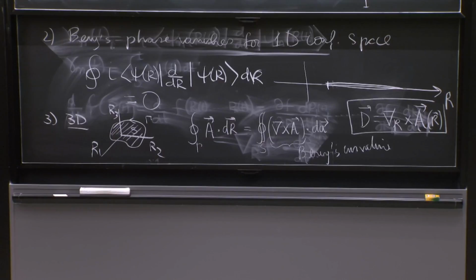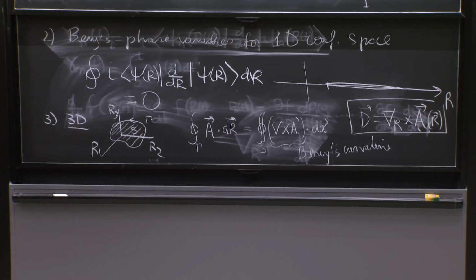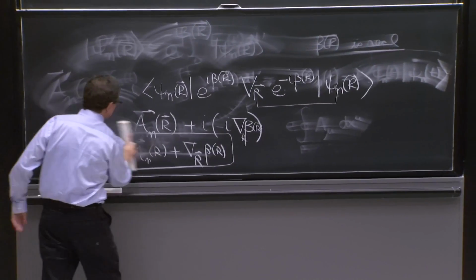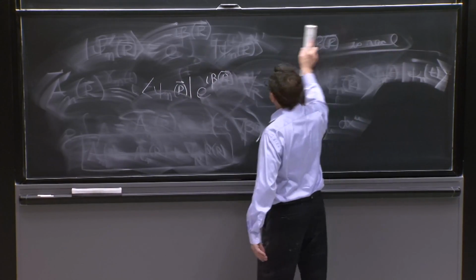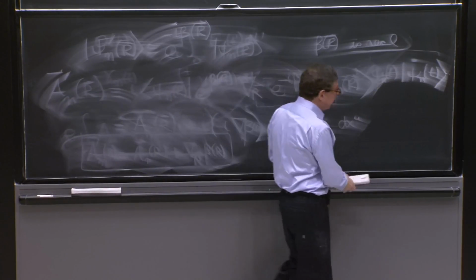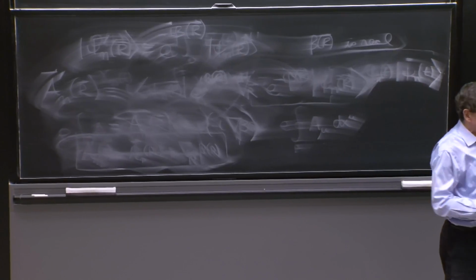So one example you will do in recitation, I hope, we have Max over there, is the classic example of a spin in a magnetic field. So I will just say a couple of words as an introduction, but it's a very nice computation. It's a great exercise to figure out if you understand all these things. In fact, it's done in Griffiths explicitly in some ways, and it's a great thing to practice.